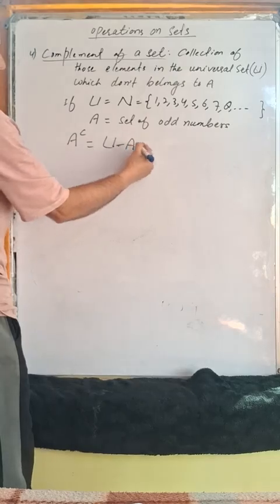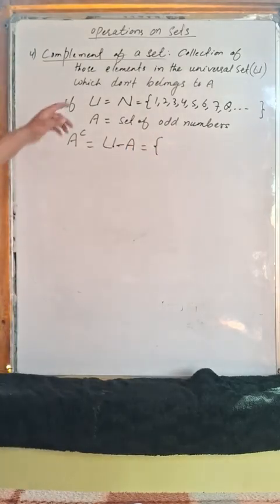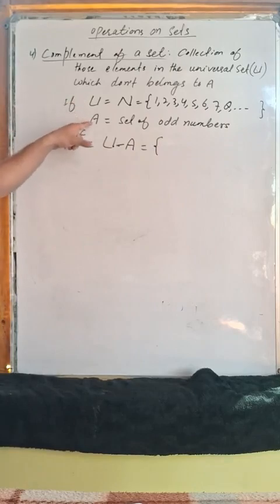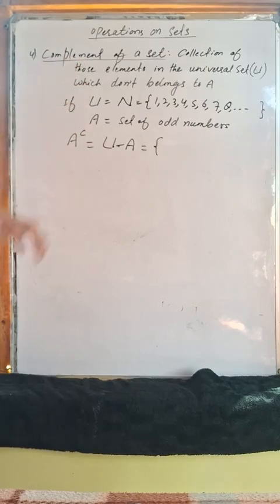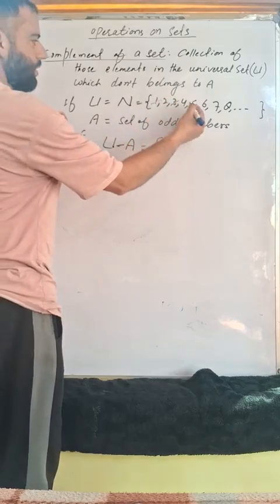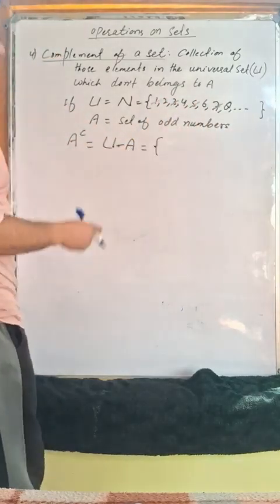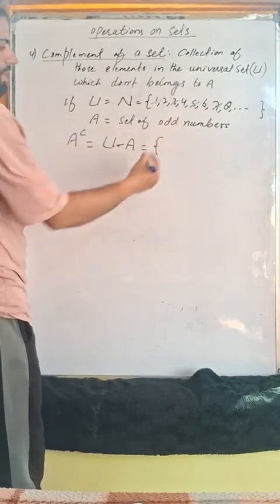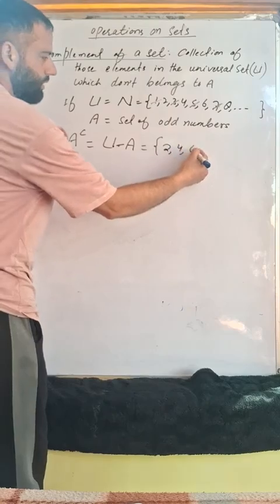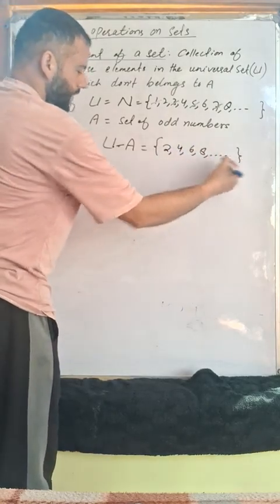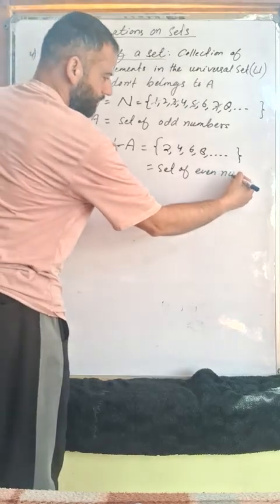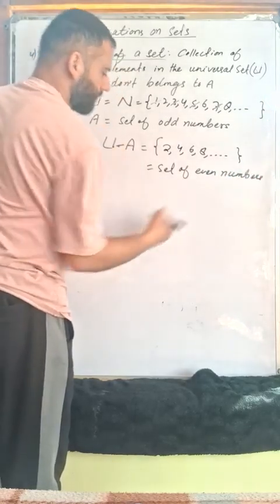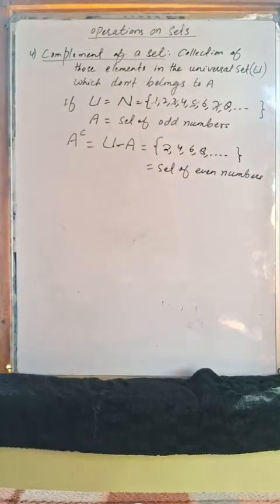U minus A. That is, I have to write those elements of U which do not belong to A. In other words, I have to cancel out all odd numbers from U. That is 1, 3, 5, 7 and so on. And the remaining set will be 2, 4, 6, 8, and it is the set of even numbers. Got it? Okay.